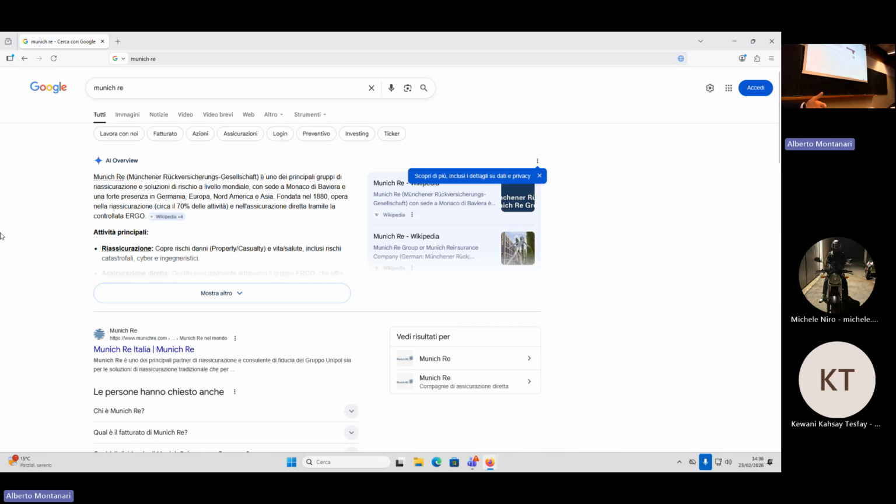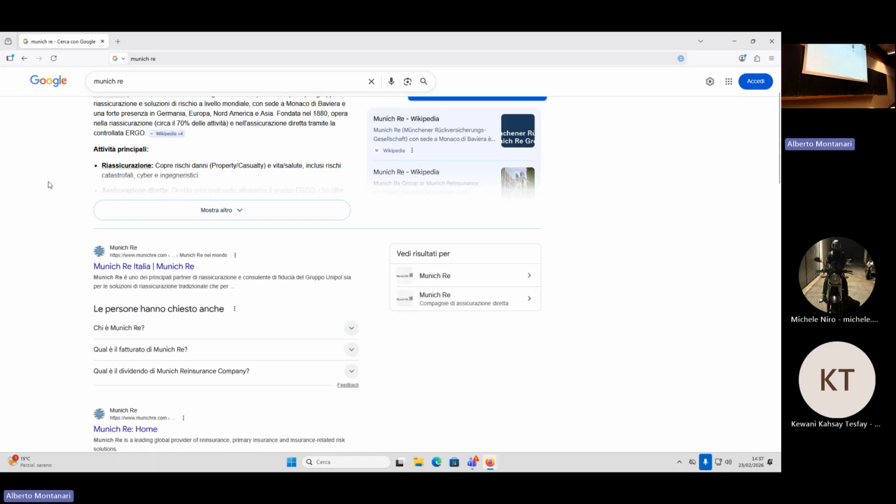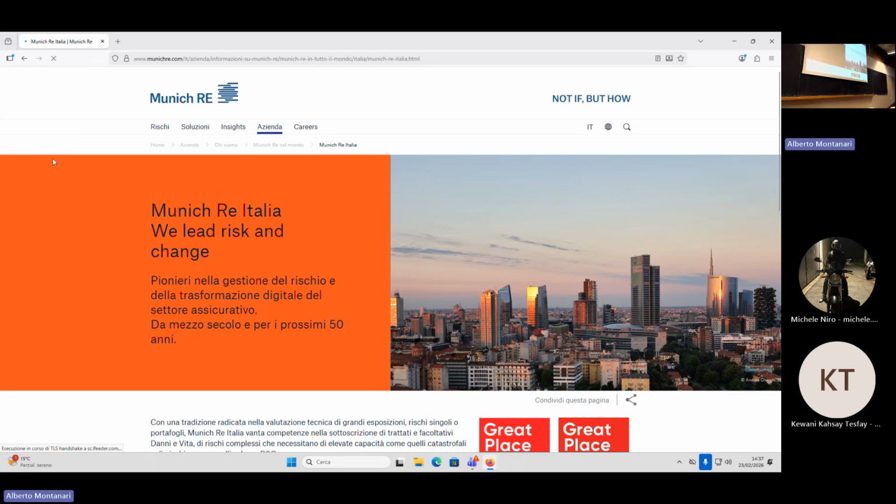The insurance company needs also to be insured, because if they get a disaster, they have to give a lot of money to people, and therefore they get insured against possible failures. And Munich Re is one of the most popular reinsurance companies. They provide, again, insurances to insurances. And if you go to the website, they have a lot of interesting data. And we are not exploring it now because we need some time.